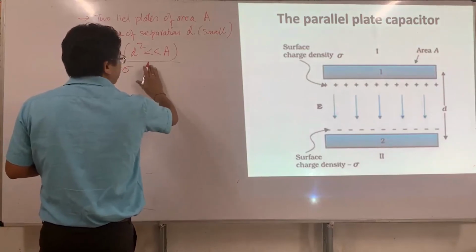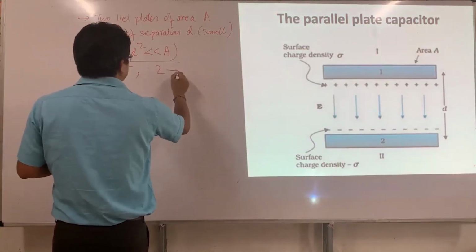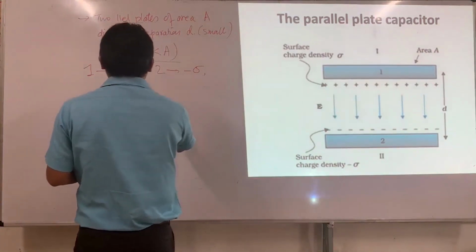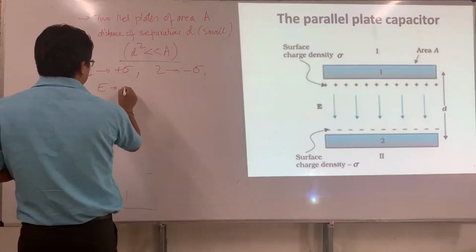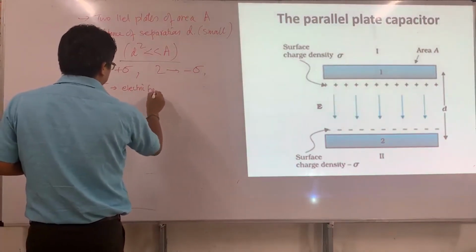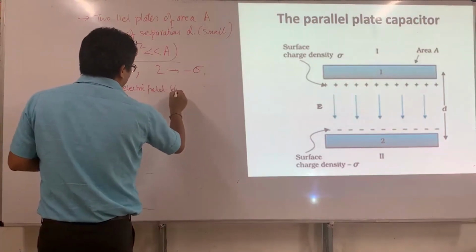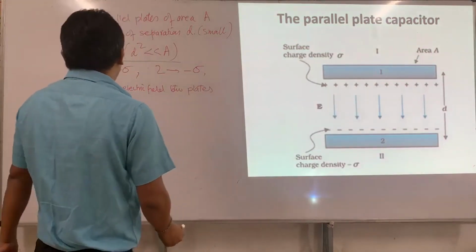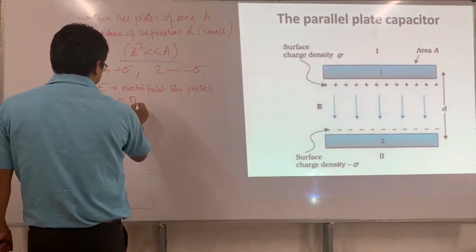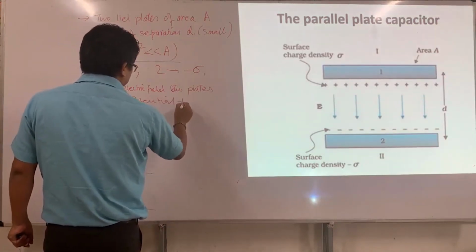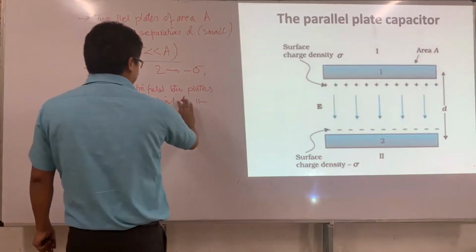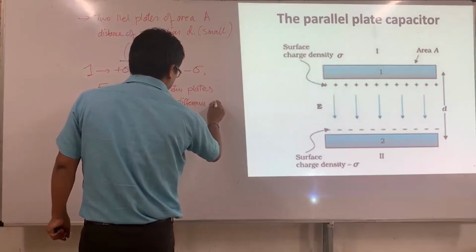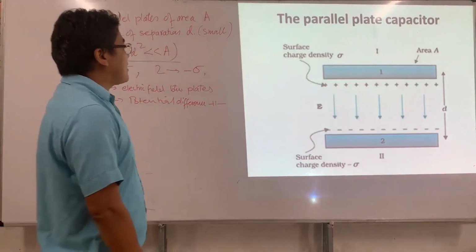Plate number 2 has negative surface charge, and you have an electric field E between the plates, and V is the potential difference between the plates.